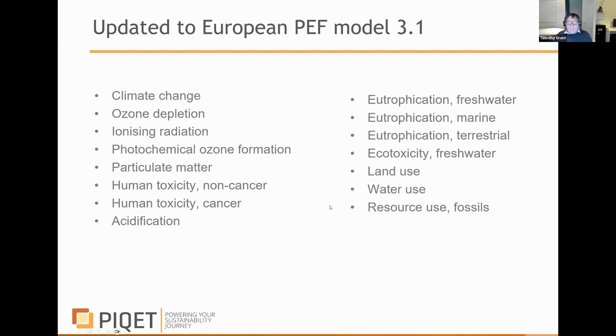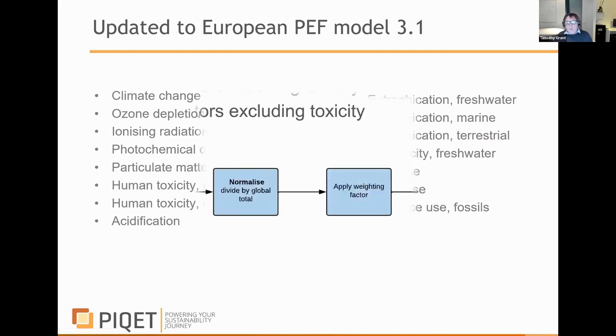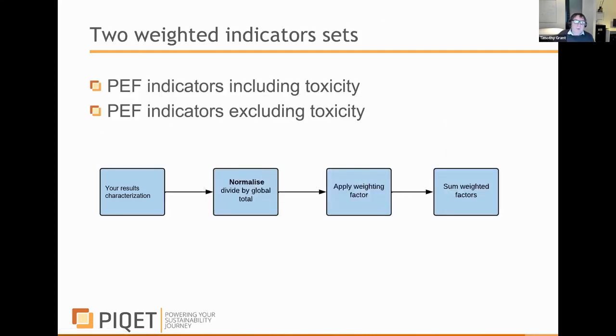But if we then go to what the product environmental footprint provides, it's 2 weighting methodologies you can use to actually weight your indicators as part of your assessment. It does this by taking the results that you've typically been looking at in PEF, which are at the characterization level.